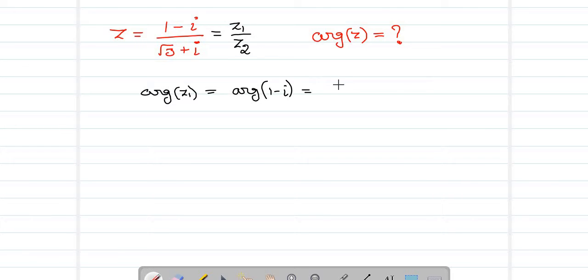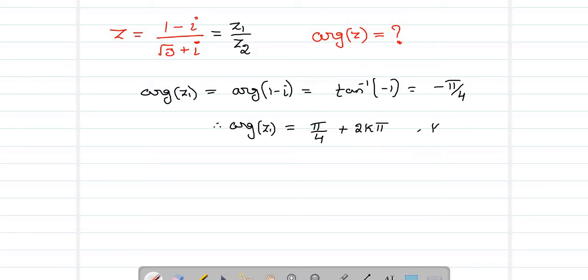Since x is positive, we can directly take tan inverse of y by x. Tan inverse of y by x is minus 1. So this gives you minus pi by 4. Therefore, we can say that the argument of z1 is minus pi by 4 plus 2k pi, where k belongs to integers.